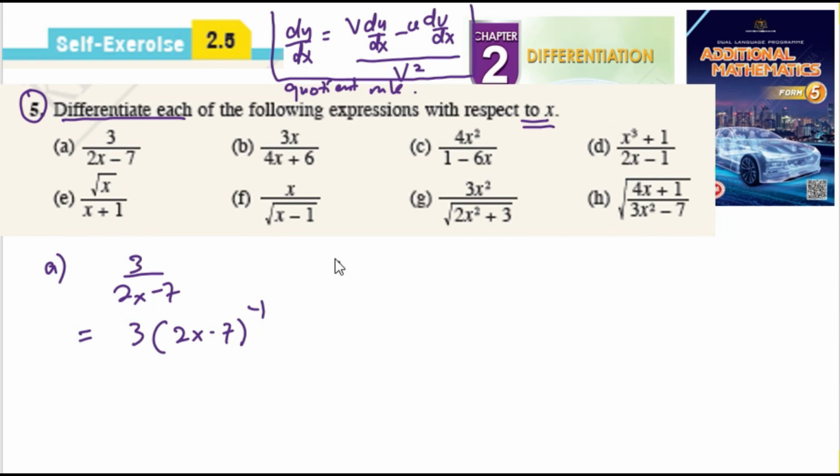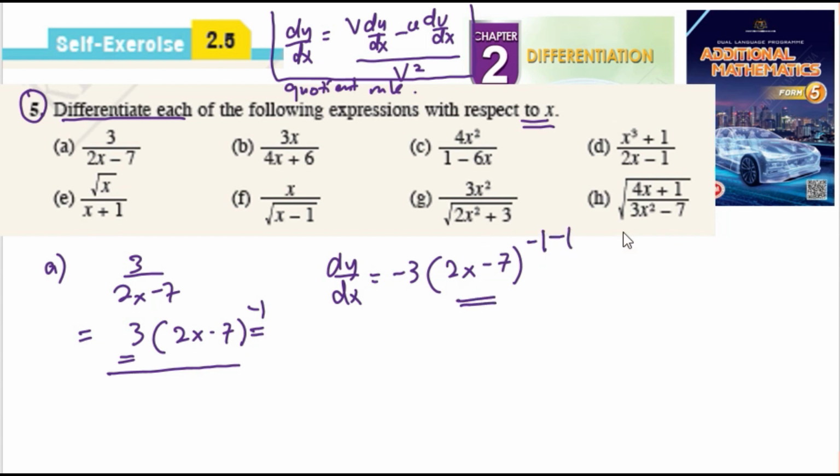So when you differentiate, dy over dx is equal to, we bring the power forward, so negative 1 times 3, you get negative 3, then (2x minus 7), the power you minus 1, negative 1 minus 1, and then you differentiate what is inside, dy over dx of 2x minus 7.